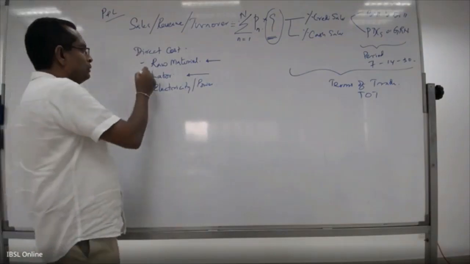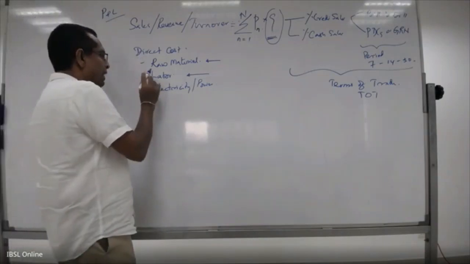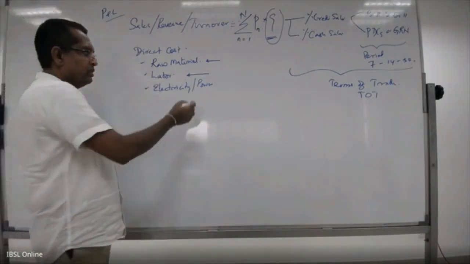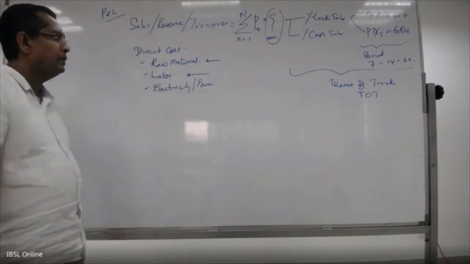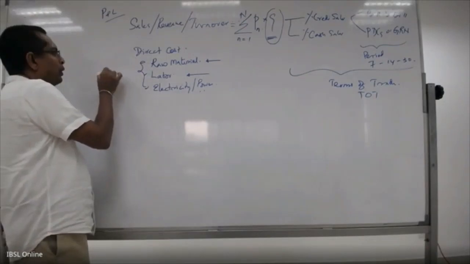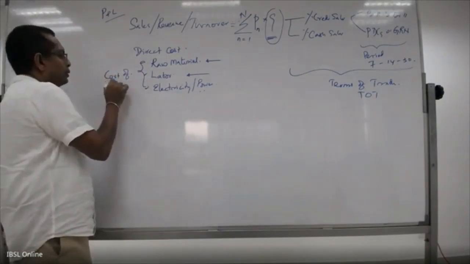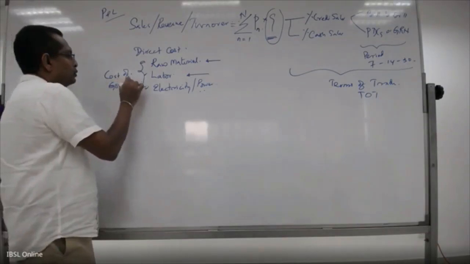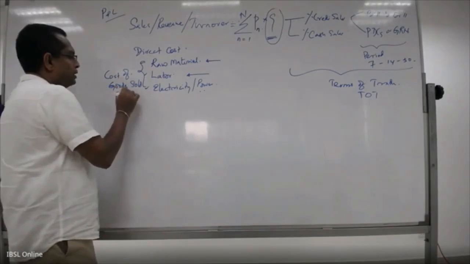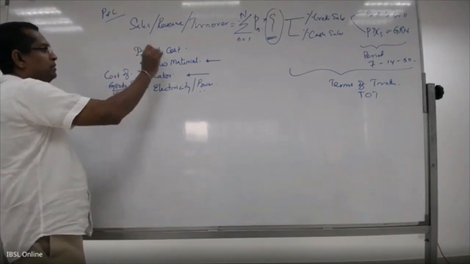This is workers' wages, factory workers' wages. Then factory electricity, factory generators cost, the power cost. This is called direct cost or cost of goods sold. Cost of goods sold. If you see this word, it means the direct cost.